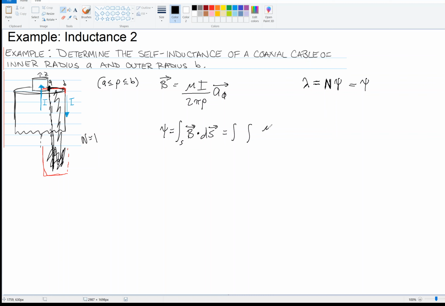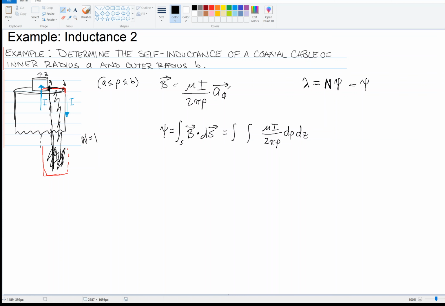So we're going to integrate the flux density, mu times I over 2 pi rho. And then again, what is changing? Well, rho is changing from a to b, and z is changing from 0 to L, or whatever the length of this thing is.